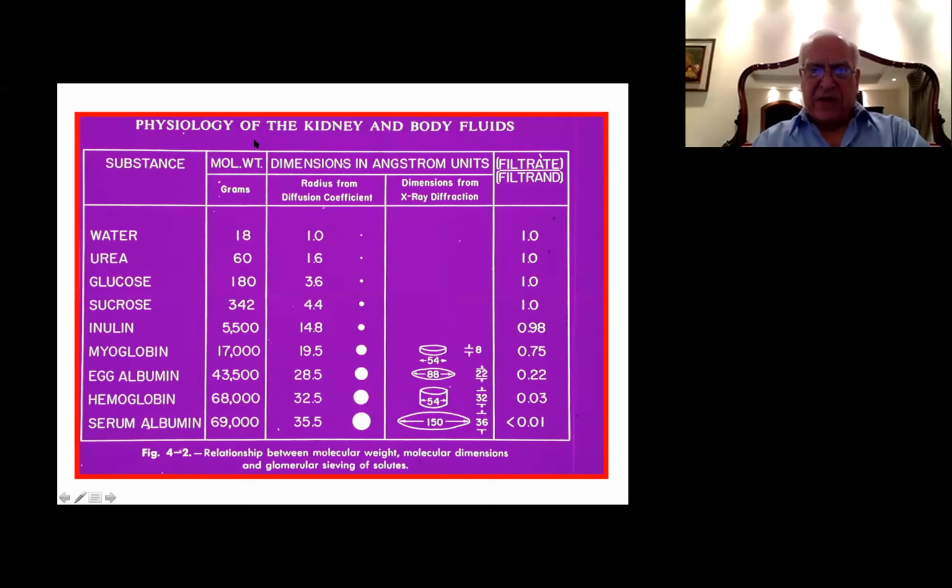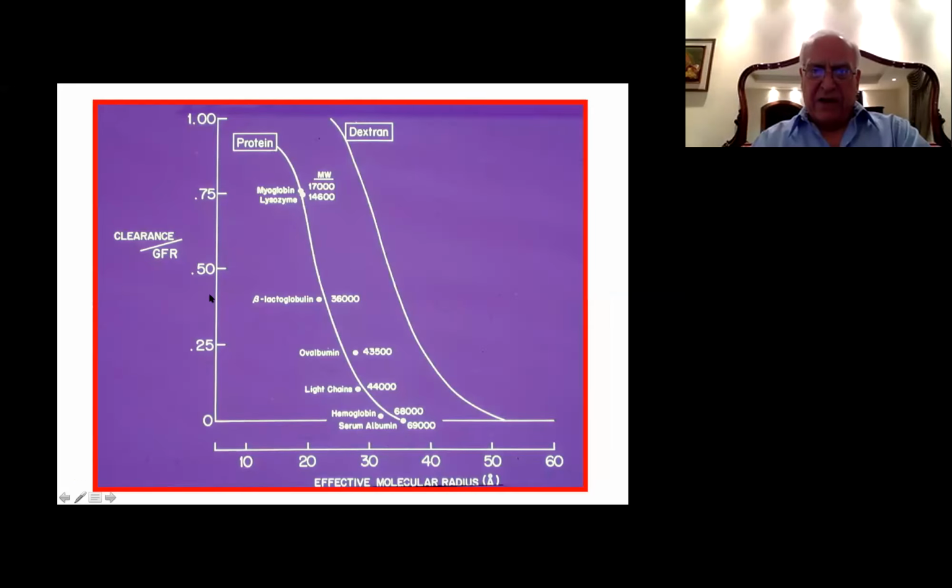As seen here, the clearance of a substance depends upon its molecular weight and filtration. With albumin being 96,000 Dalton, it's the most difficult one really to pass through. And then you have the myoglobin, for example, 17,000, it's easy to pass, while hemoglobin is 68.